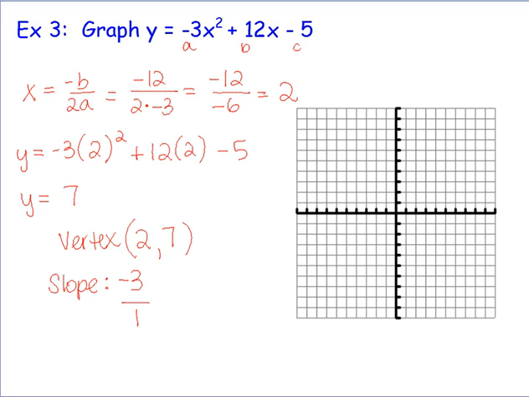Putting it on the picture, I'm going to go right 2 and up 7. So right 2, up 1, 2, 3, 4, 5, 6, 7. This is a negative 3. So I'm going to go down 3 and then left and right 1. So 1, 2, 3 down to the right 1, and then to the left 1.